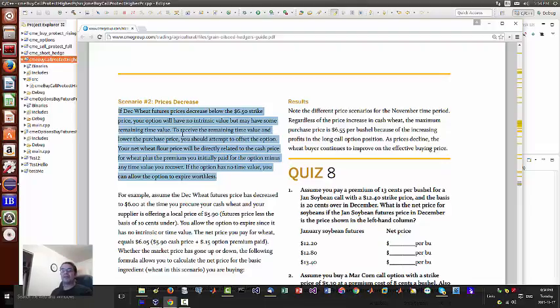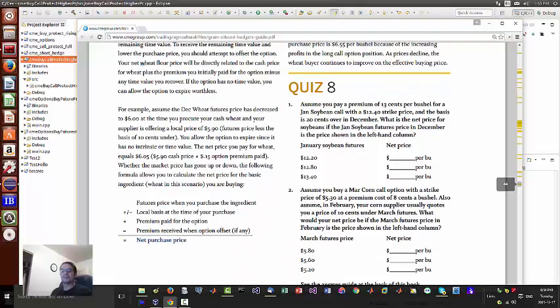To receive remaining time value and lower the purchase price, you should attempt to offset the option. Your wheat flour price will directly be related to the cash price for wheat plus the premium you initially paid for. If the option has no time value, you can allow the option to expire worthless.